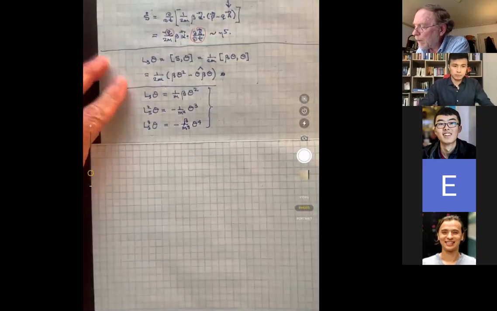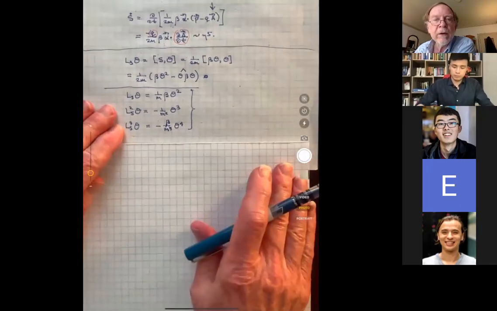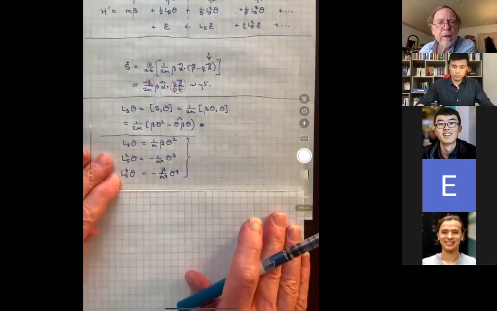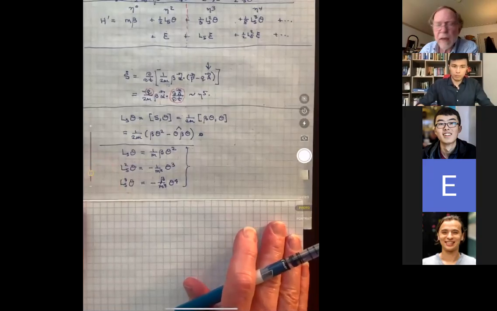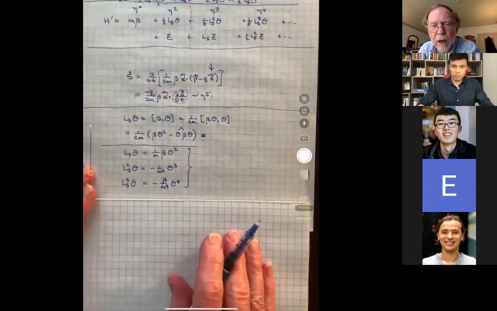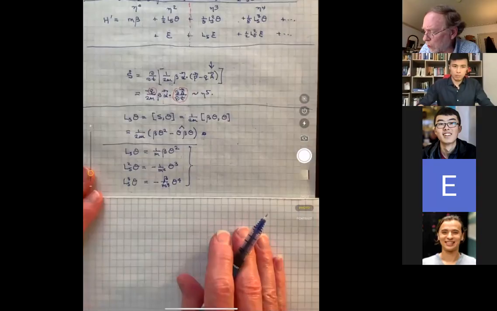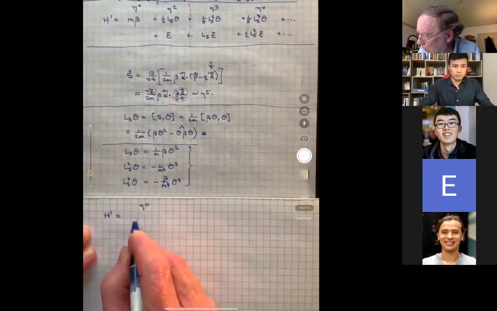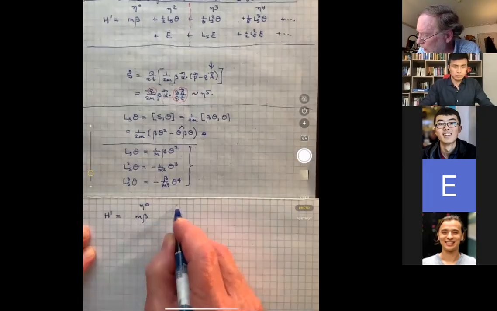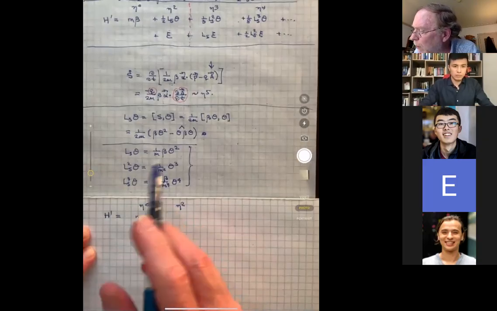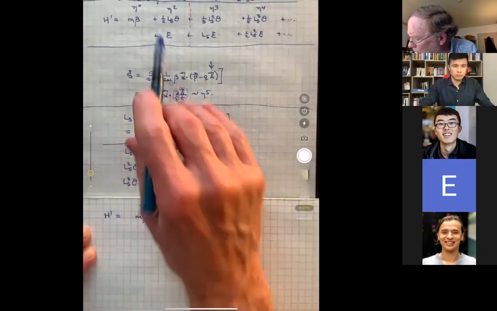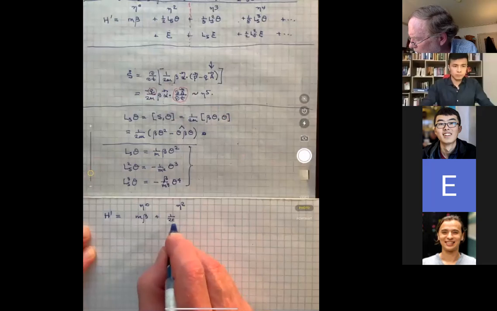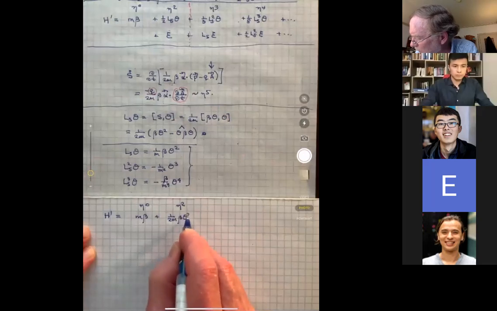Let me get the paper organized. What you see at the top of the page, I'm just going to rewrite it now using the substitutions. So we have H prime is equal to, at order eta to the 0, m beta. At order eta squared, we have plus 1 over 2m beta times O squared.